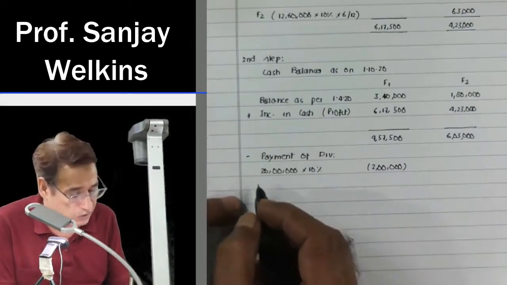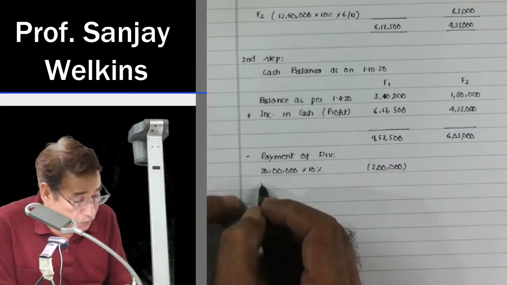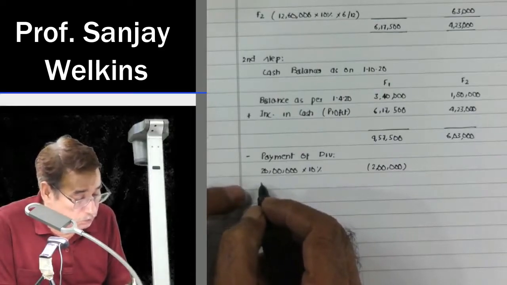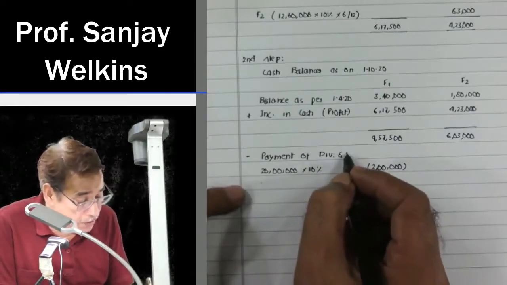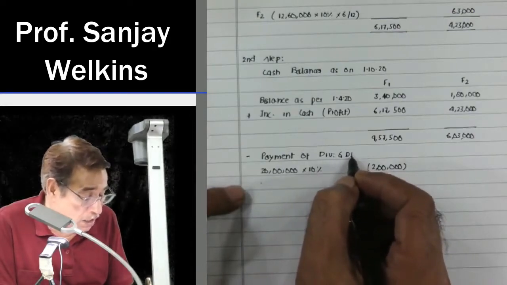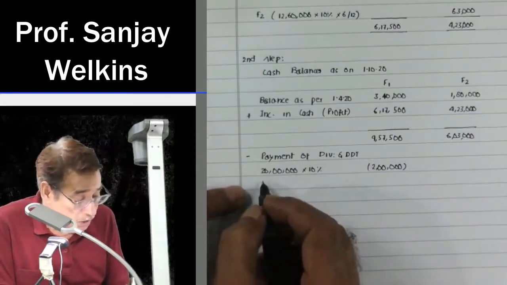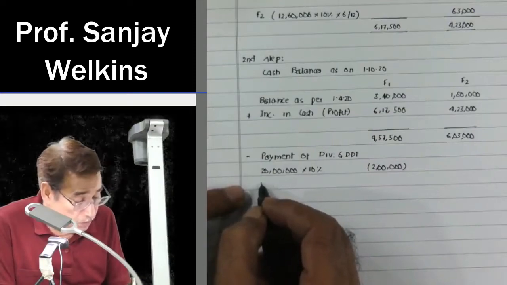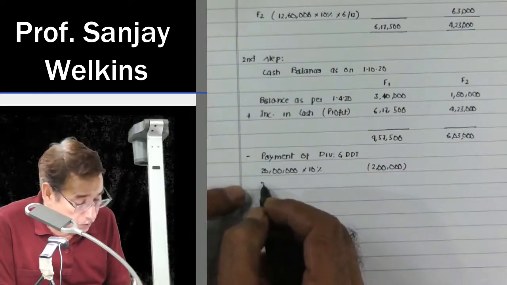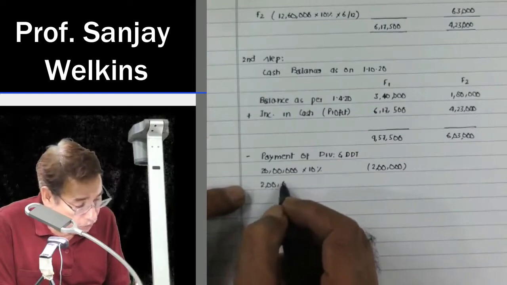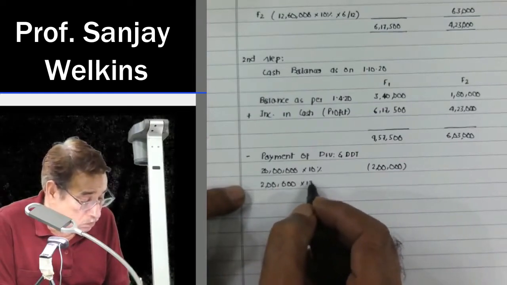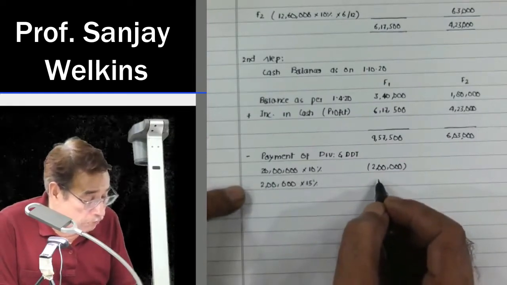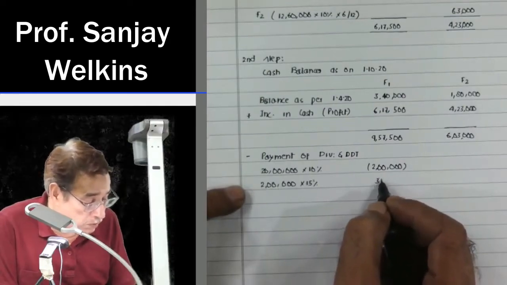Payment of dividend and dividend tax, as you call DDT: 2 lakh into 15% will be equal to 30,000.